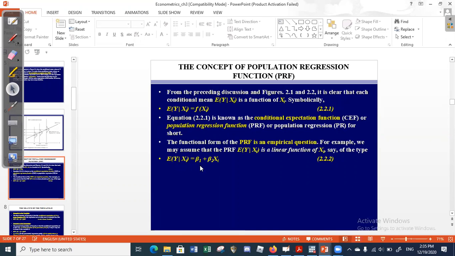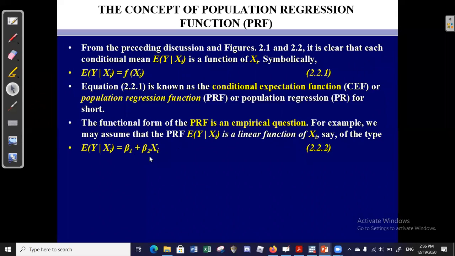And in the given case, this conditional mean of y is actually equal to beta 1 plus beta 2 xi. In the given case, f of x is basically the equation of a straight line.